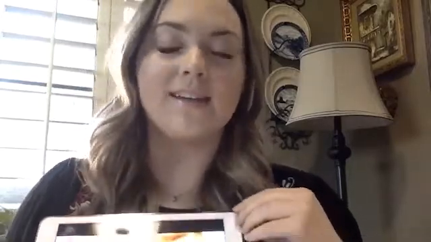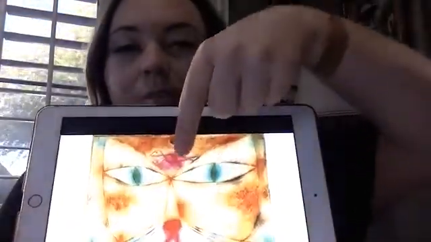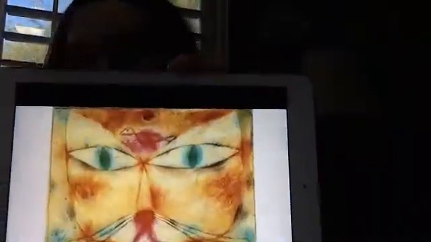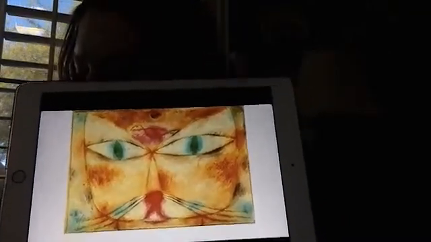It doesn't exactly look like the image of what it's supposed to be, but it's still representing that exact image. All right, the bird is actually right here above the cat's head, in between its ears. That's where the bird is. It's kind of funny how he painted birds and cats together because aren't they supposed to be enemies? I don't know. That's something to think about.